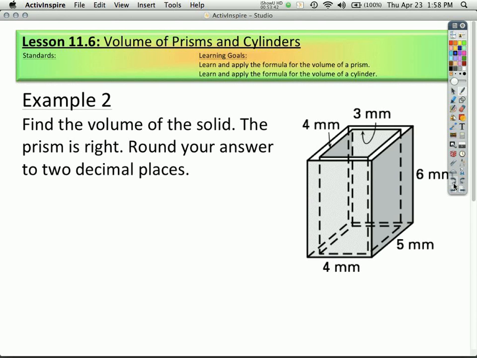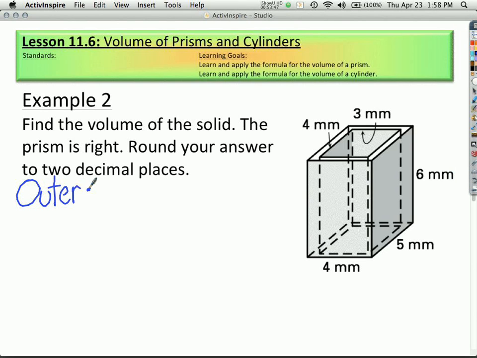So we need two volumes. We need the outer, and we know that its volume is big B times H. And we need the volume of the inner. Rectangular prisms are by far the easiest because it doesn't matter which way you hold it or turn it, it's still a rectangular prism.